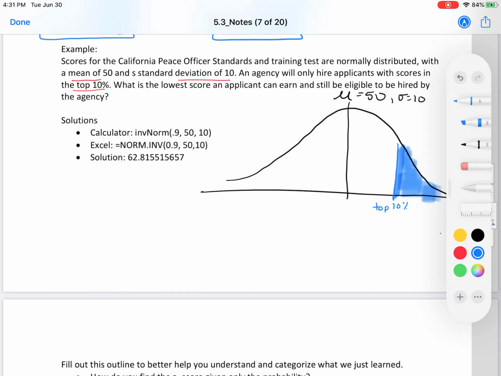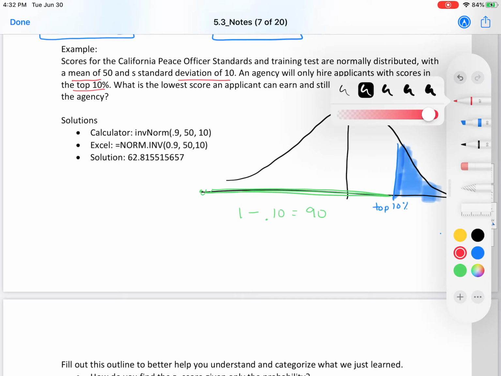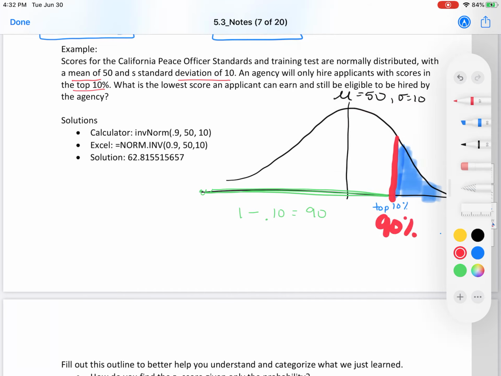And if it seems silly, we can also do the math. Remember, our calculator only calculates from 0 to a value. So we want the opposite of it, so we have to do some work. We have to do the complement, since our calculator only works from left to right. So we do 1 minus 0.10, which gives us 0.90, which makes sense, since this is the 90% mark.